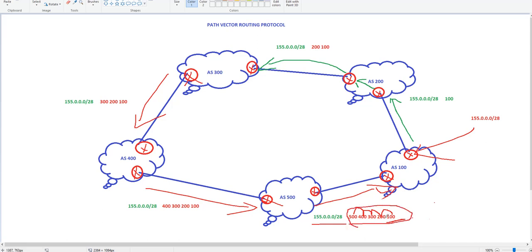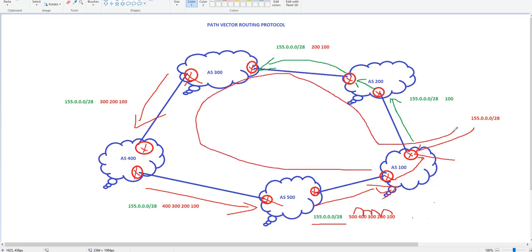It is the longest path, because it can reach that prefix through AS100 itself instead of going like this, correct? So this is a loop. This is how BGP prevents loops over eBGP. So this is a loop prevention mechanism within BGP.